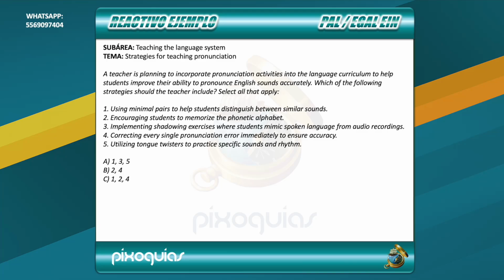Encouraging students to memorize the phonetic alphabet. 3. Implementing shadowing exercises where students mimic spoken language from audio recordings. 4. Correcting every single pronunciation error immediately to ensure accuracy. And 5. Utilizing tongue twisters to practice specific sounds and rhythm.